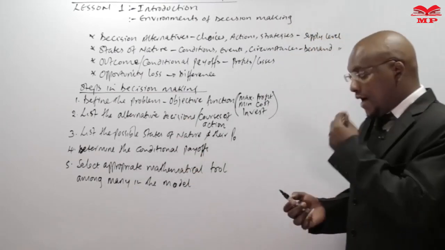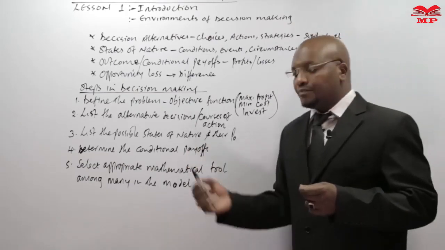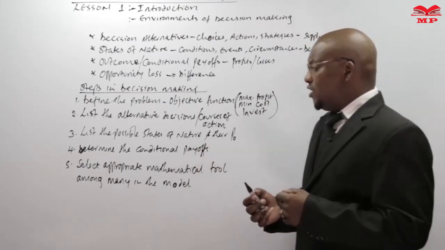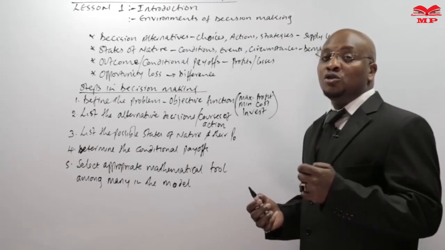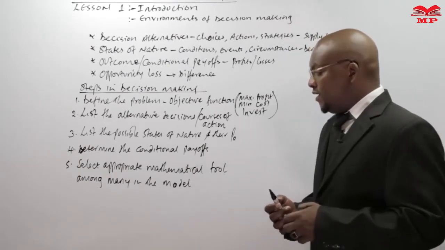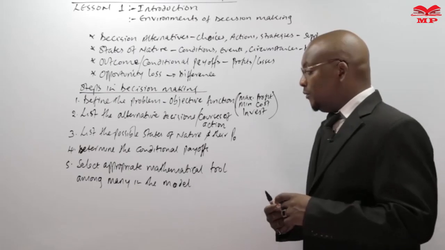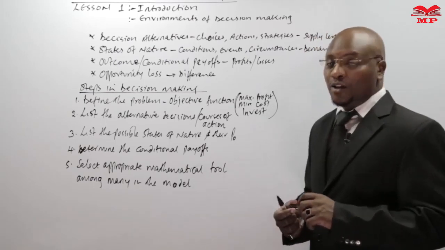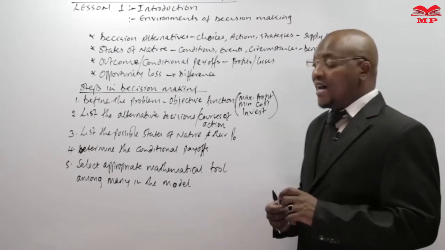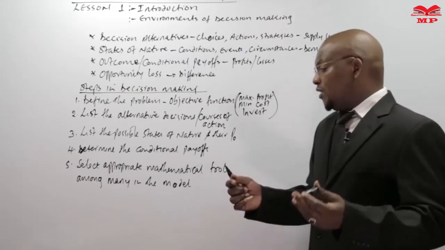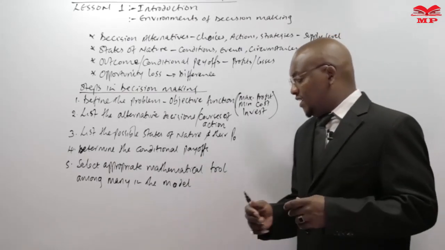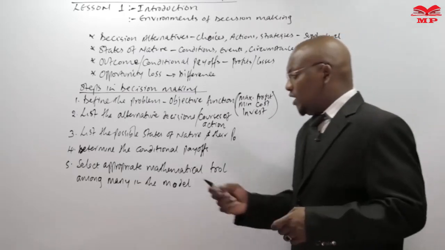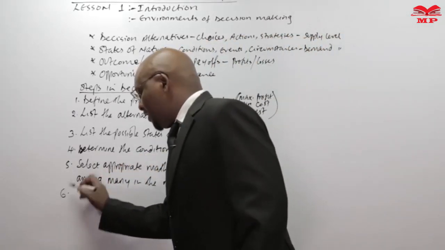For example, it may be under risk, and therefore we can use decision rules like the EMV, the expected monetary value, and the expected opportunity loss. We can have it maybe under uncertainty. So there are several that we may choose from, and we select the most appropriate one, so that we can apply it in number 6.